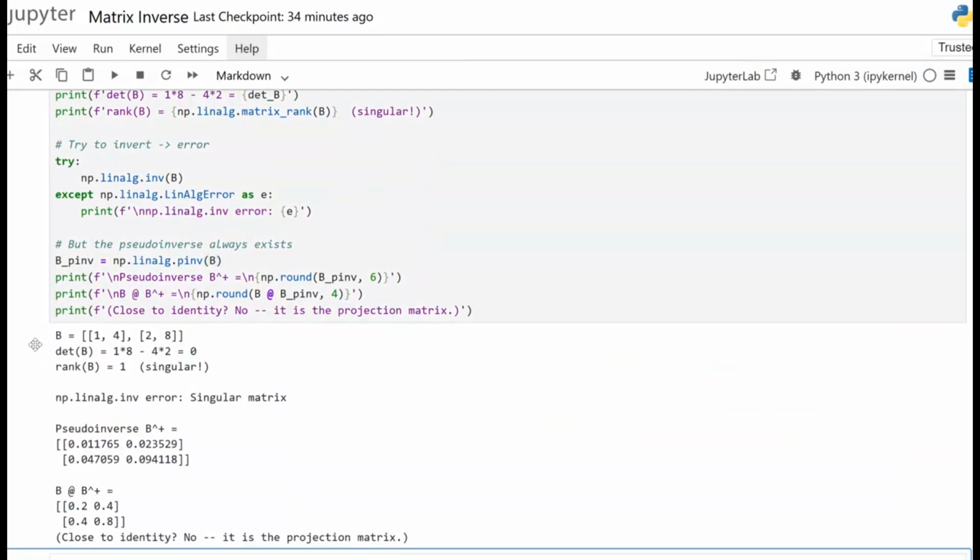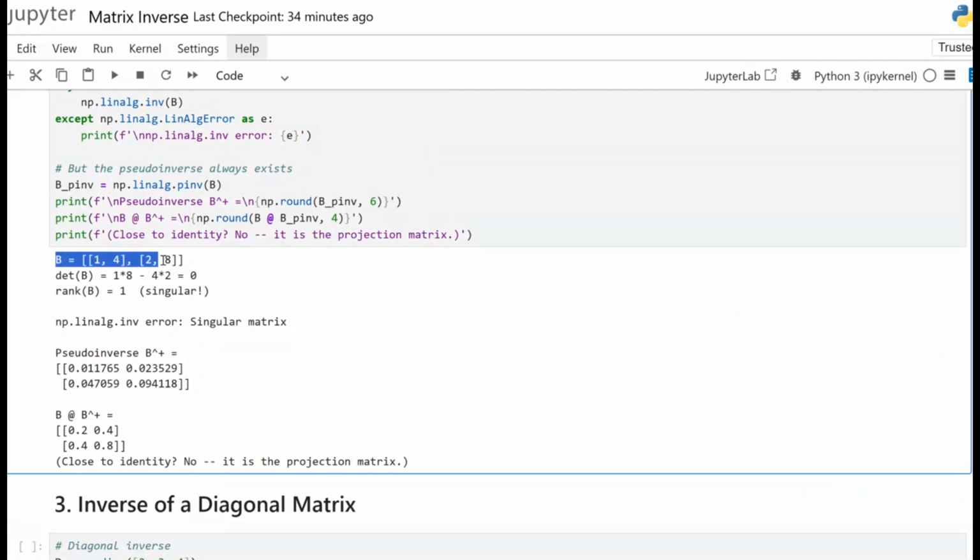Yes, dear friends, this is our matrix B: 1, 4 and 2, 8. Here our determinant is equal to 0, and the rank is 1. Of course we have two columns, but when numpy inverts, we get a singular matrix error.